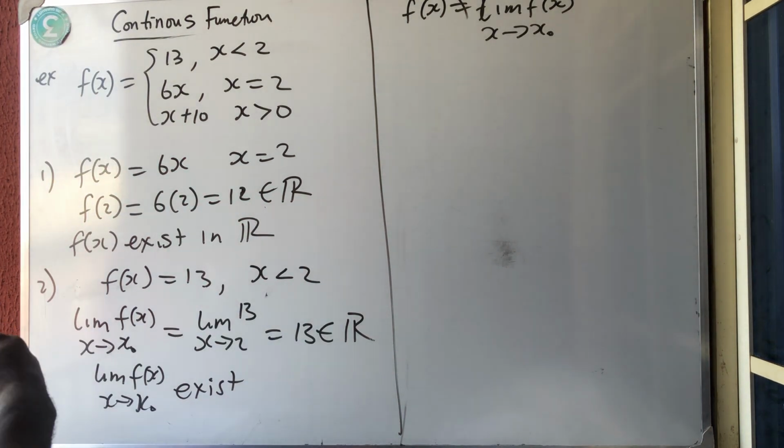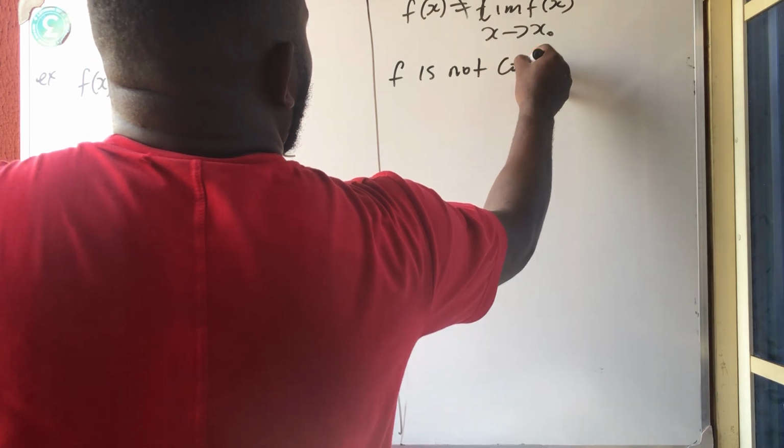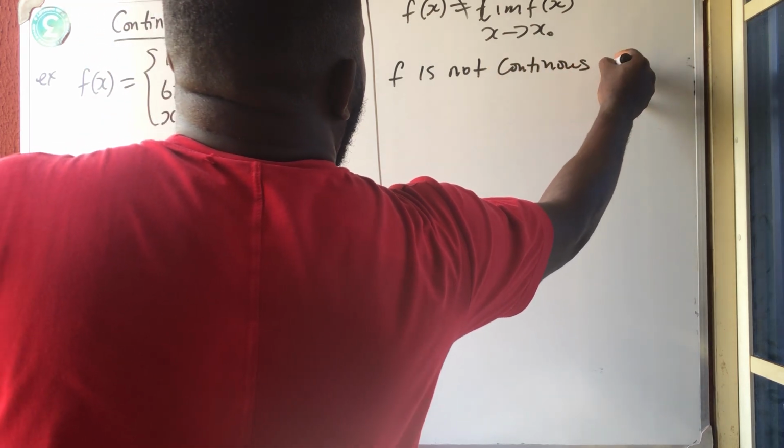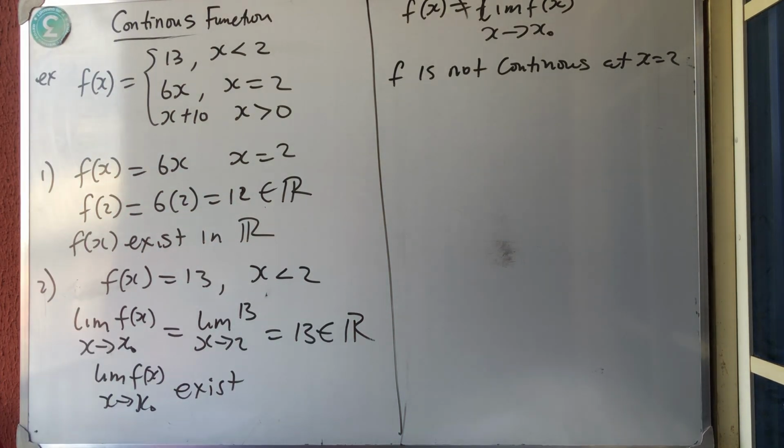That the function f is not continuous at x equal to 2. We conclude that f is not continuous at x equal to what? 2. It's not continuous at that point.